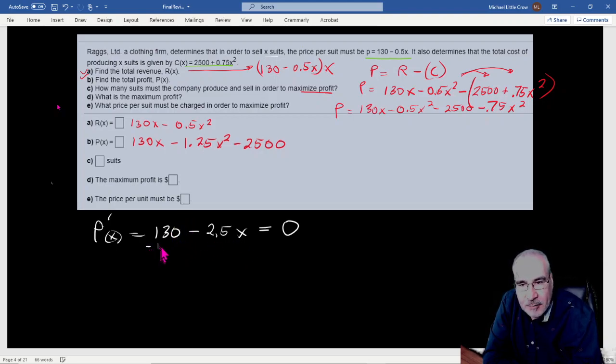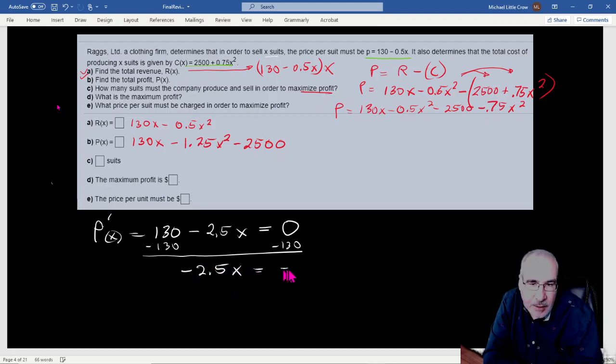Solve: minus 130 on both sides, negative 2.5x equals negative 130. Divide by negative 2.5.